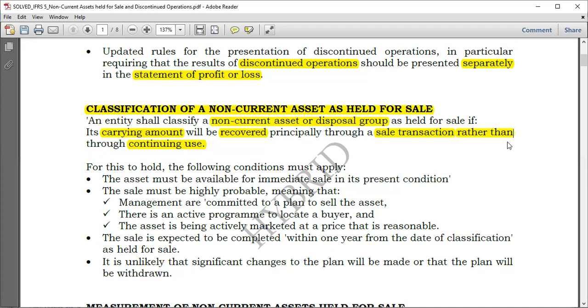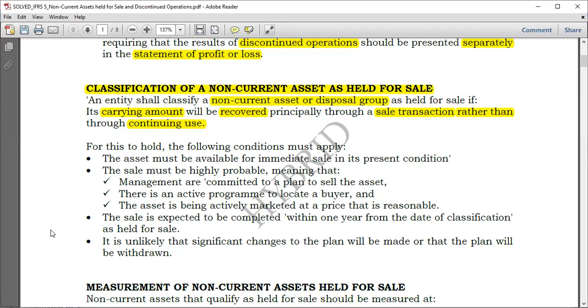So you can generate very little amount from value in use, such that value in use cannot match this carrying amount. But if you recover something through a sale transaction, that means you expect to sell it much sooner. You get that? That's why when you study the standards, you have to connect the dots between standards so that you get the picture of what to expect.